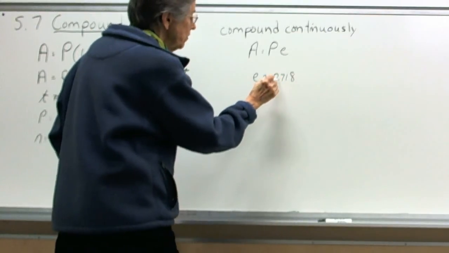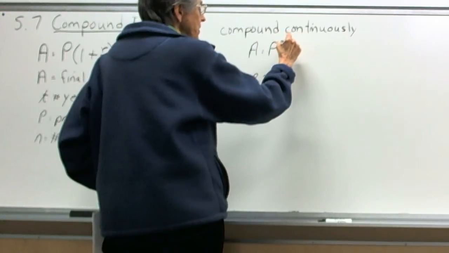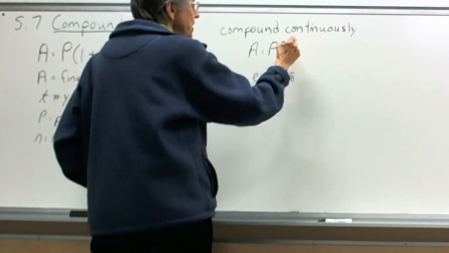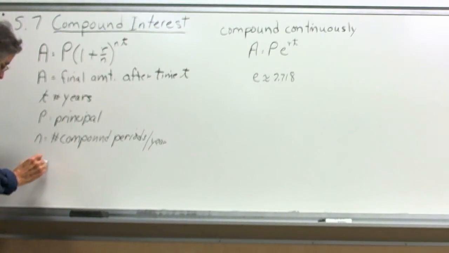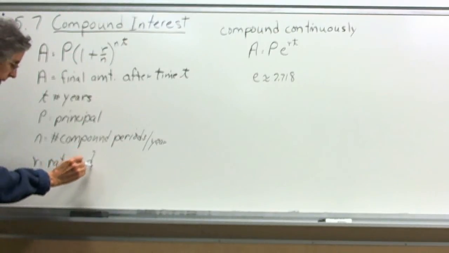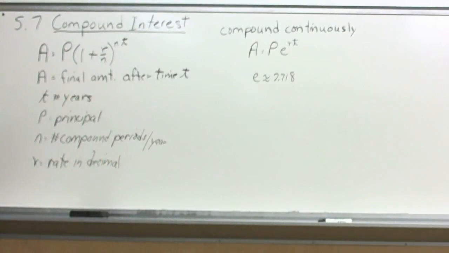You recall we've used that in exponential functions before. And then the exponent is going to be simply R times T, where R is the quoted interest rate, and T is the number of years. I meant to say over here, R has to be in decimal. It's usually given in percent, and we convert it to decimal to put it into the formula.